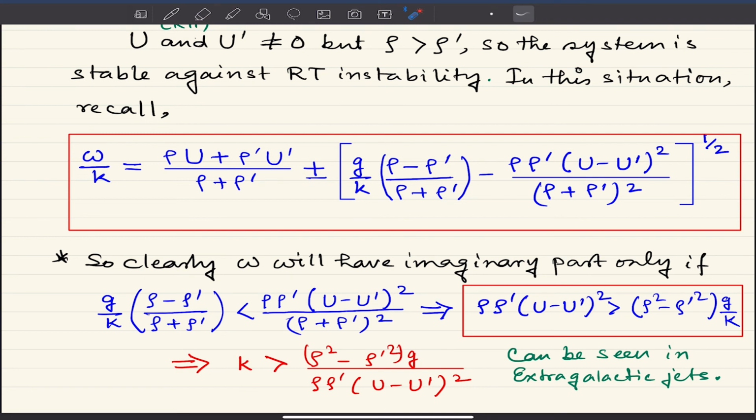One very important thing in the whole treatment: we have taken into account incompressibility, and for the water and air surface we have discussed, but we have neglected the effect of surface tension. Actually, the introduction of surface tension majorly modifies the results, and then k will also have a lower bound. Then u minus u prime should have another type of bound, depending on the nature of the surface tension.